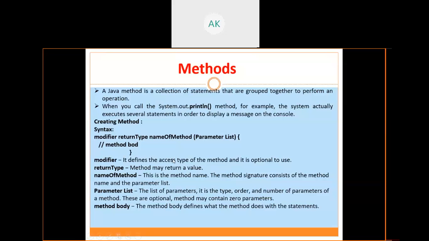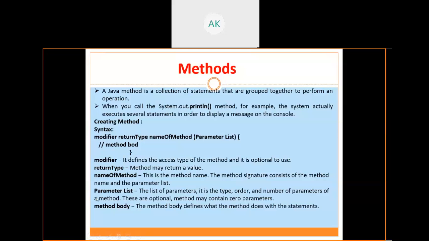Suppose I have class A and class B, and I define one method inside class A with the modifier protected, and class B is derived from class A. In that case, the method defined as protected inside class A will also be accessible in class B, right? So that is what the modifier does.